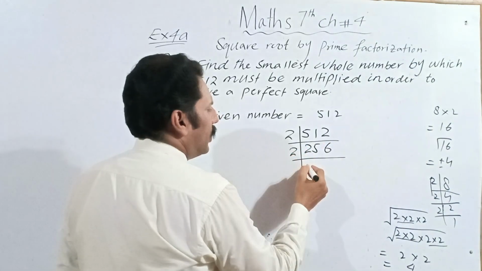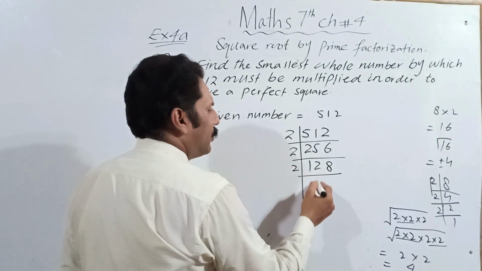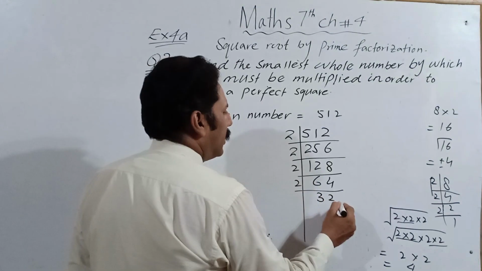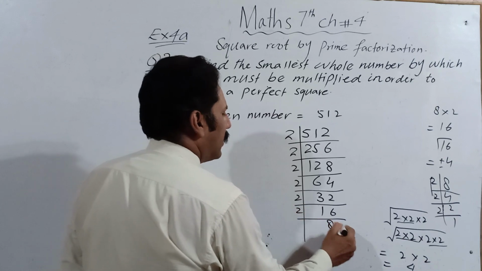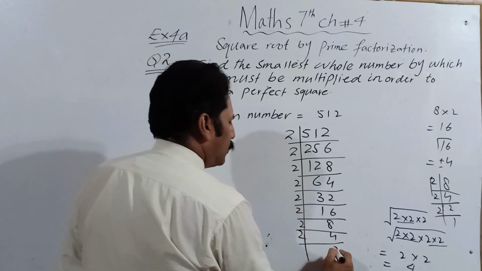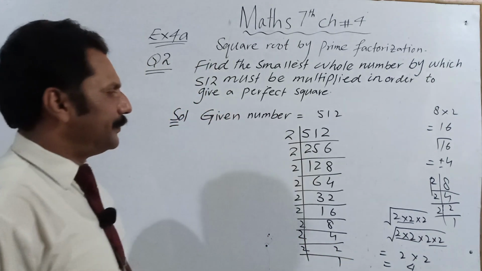Again by 2, 2 1s are 2, 2 2s are 4, 2 8s are 16. Again with 2, 2 6s are 12 and 2 4s are 8. Again 2 32s, and 2 16s are, then 2 8s are, then 2 4s are, 2 2s are, and then 2 1s are.